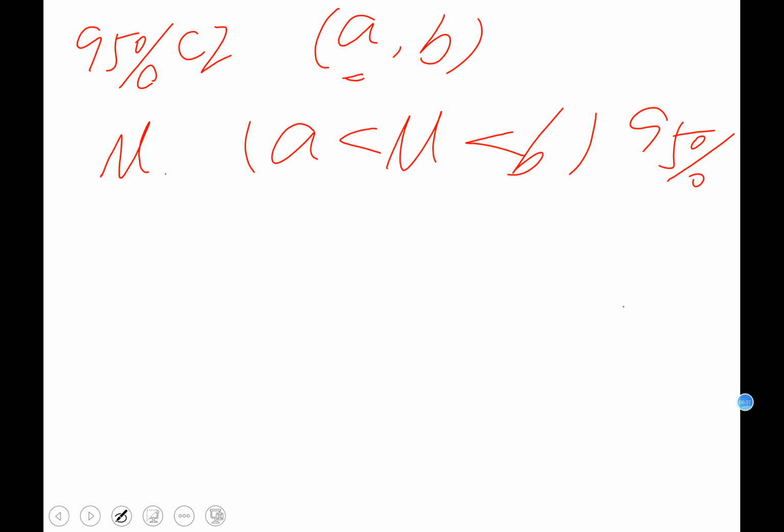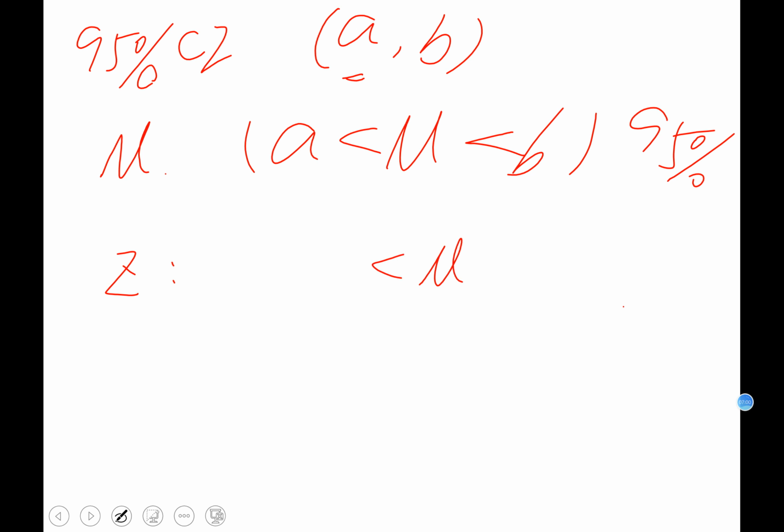So for the one sample test, we have two methods to calculate the 95% confidence interval. The first one, we can use Z distribution. Do you remember the formula? That formula is very important.